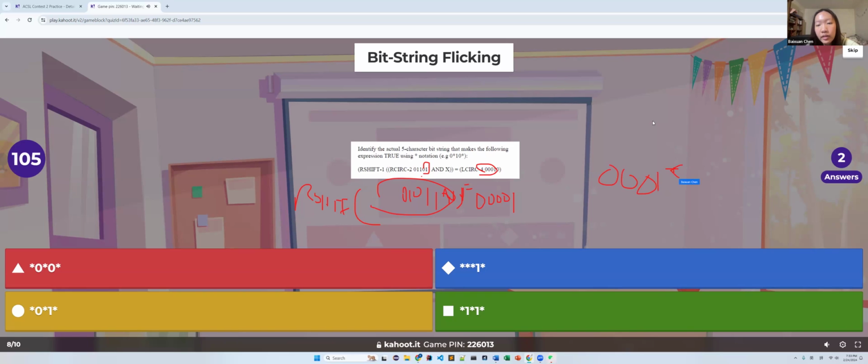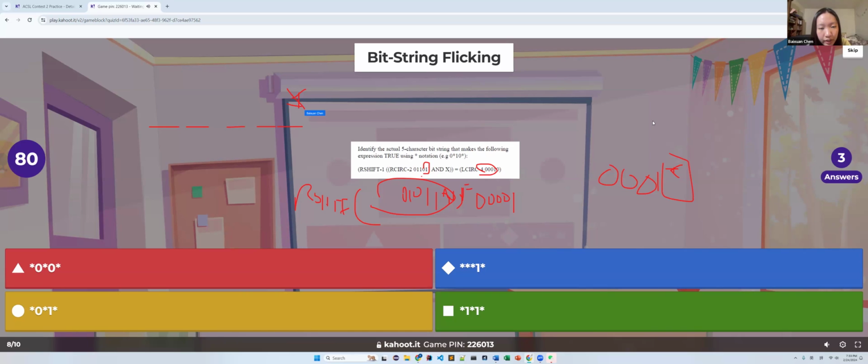It's an asterisk because no matter what value this is, when you right shift something, you take off the rightmost digit and just add 0 to the front anyway. So we know for this one, x can be anything already. So we have 5 digits.